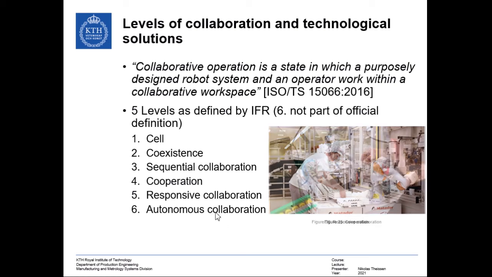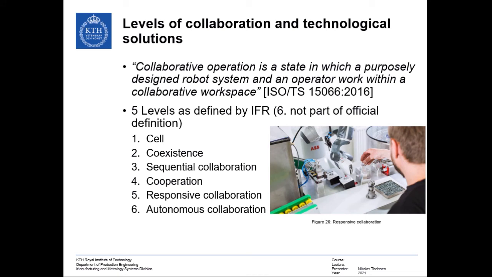Cooperation and responsive collaboration, which is identified by the robot responding in real time to the movement of the worker, both employ the same kind of sensing devices, which can be the double encoding on the industrial manipulator to identify the torque on the robot, as well as sensors that identify the touch of the human on the skin of the industrial manipulator in order to, as in responsive collaboration, adapt in real time to the movement of the worker, or in cooperation potentially stop the robot motion, however without going into a severe stop category.